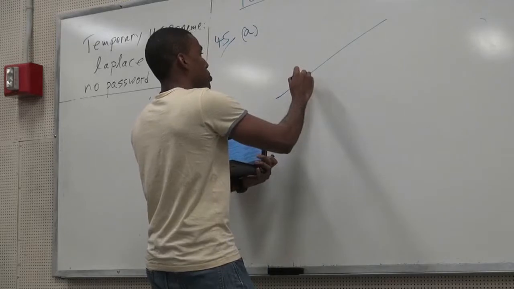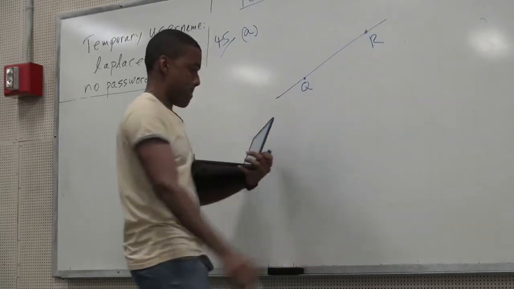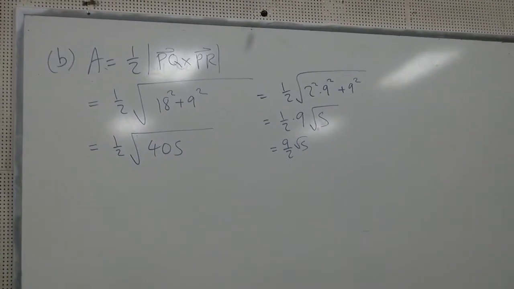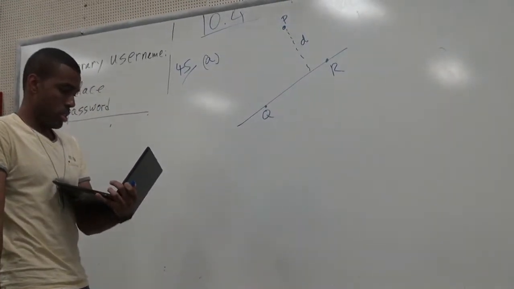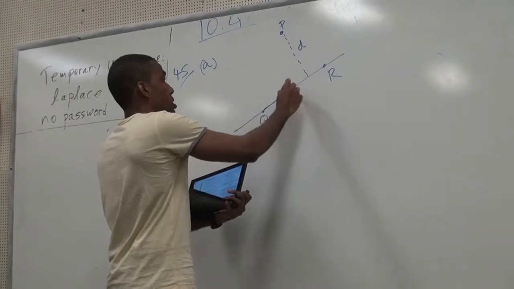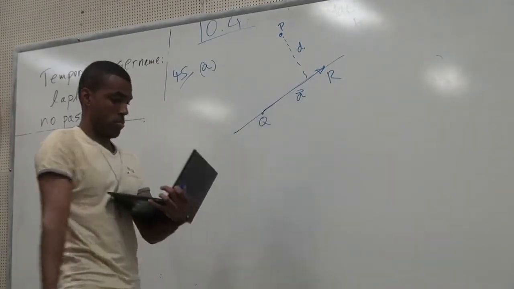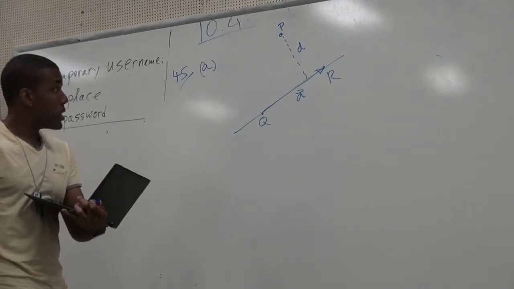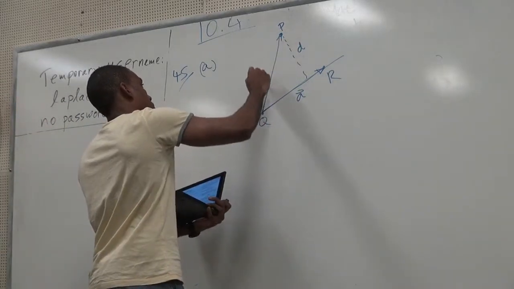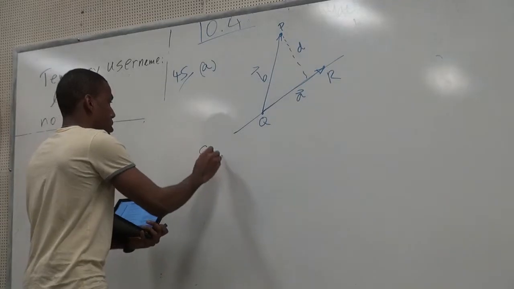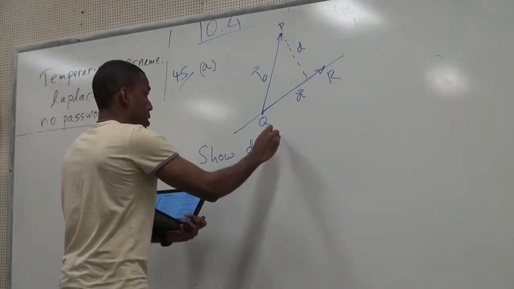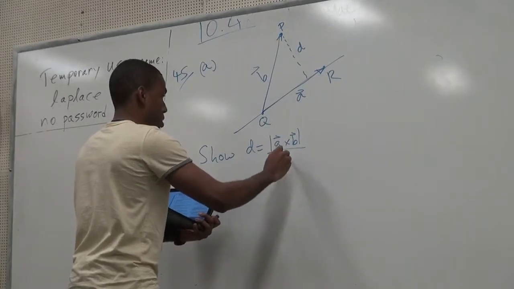So I have a line that passes through 2 points Q and R. The line is this, and QR, they say that this vector here is A, and QP is that vector there, B. Show that D is equal to the magnitude of A cross B over the magnitude of A.